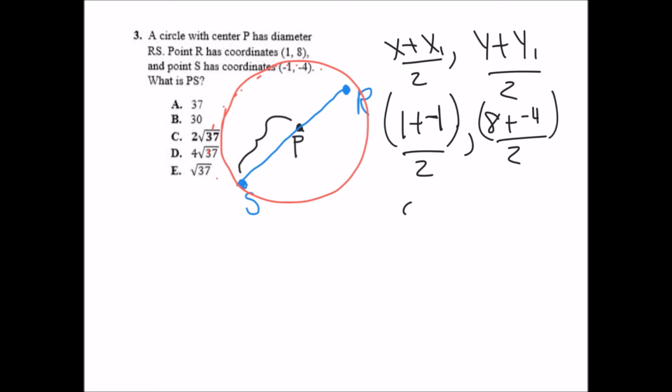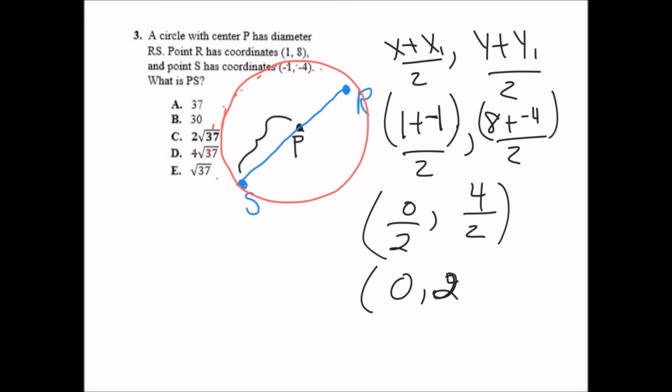So here 1 plus -1 is 0 divided by 2, comma 8 minus 4 is 4 divided by 2. And so the midpoint becomes 0, comma 2.